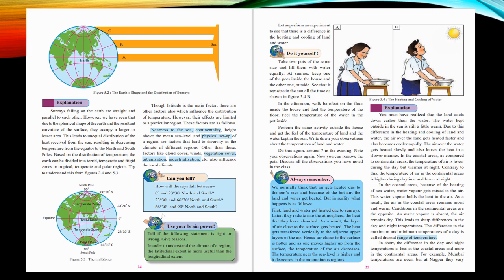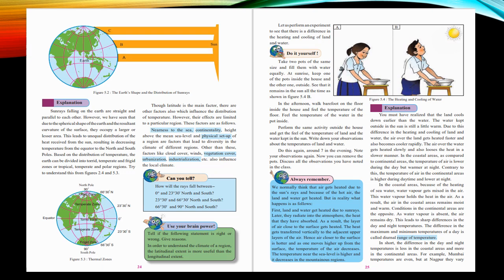So various factors lead to this diversity. Some of the factors are nearness to the sea, continentality, height above the mean sea level and the physical setup of a region. They have highlighted it very nicely.